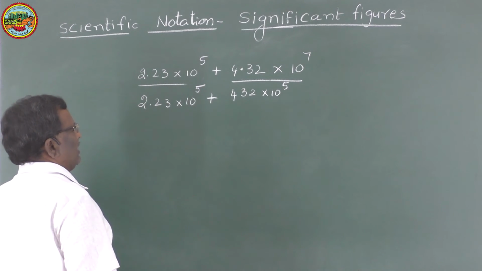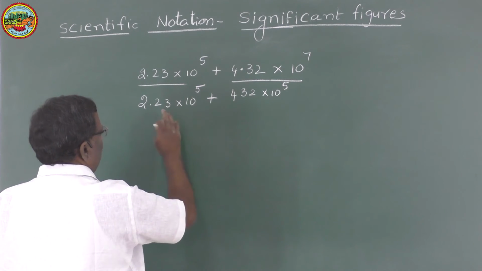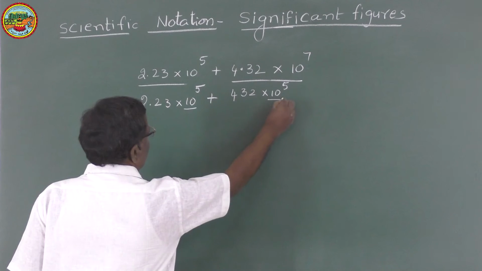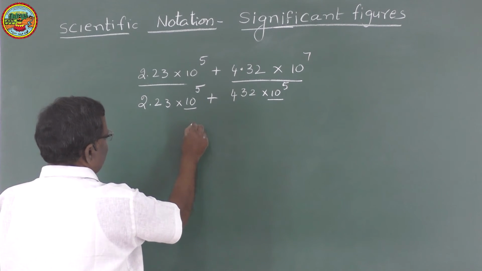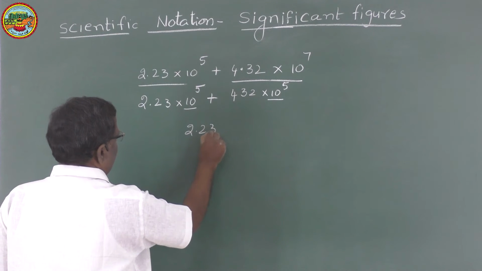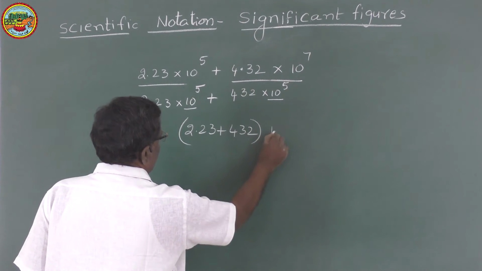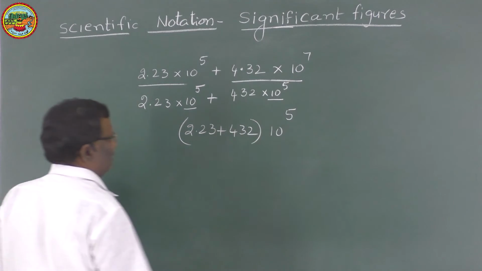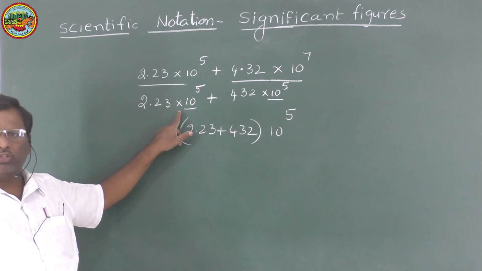So these two numbers have to be added. To add these two numbers, what you have to do? Here the common multiplier is 10 to the power 5. So you can simply write this as 2.23 plus 432 into 10 to the power 5, because these two numbers are commonly multiplied with 10 to the power 5.